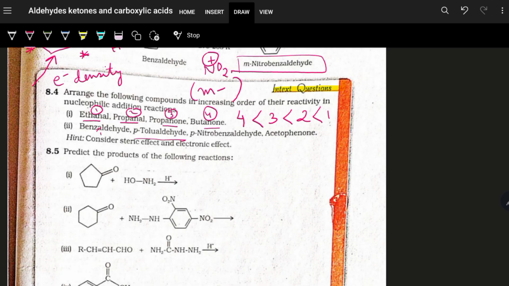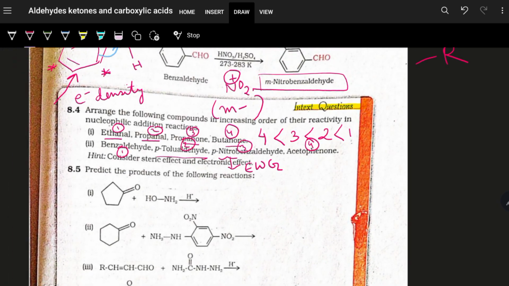So if I say this is 1, this is 2, this is 3 and this is 4, aldehydes will have greater reactivity. Nitrobenzaldehyde, due to the electron withdrawing nitro group, will increase the delta positive character over the carbonyl carbon. So this is more reactive.